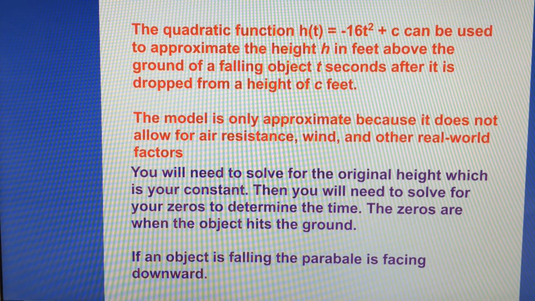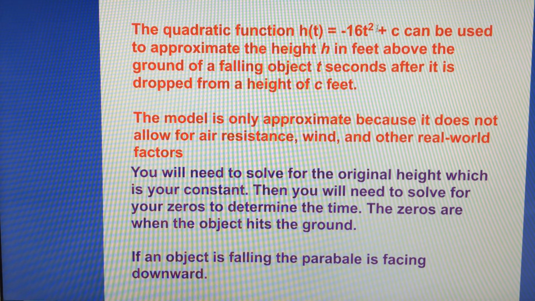So this is your function: h(t) equals -16t squared plus c. c is going to represent the feet, the height that it was dropped from. t is going to represent how many seconds it took to reach the ground.